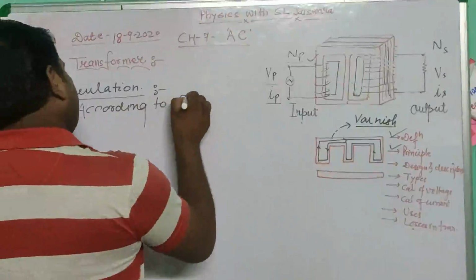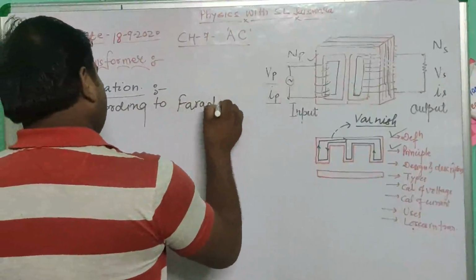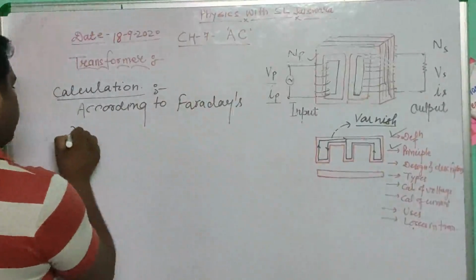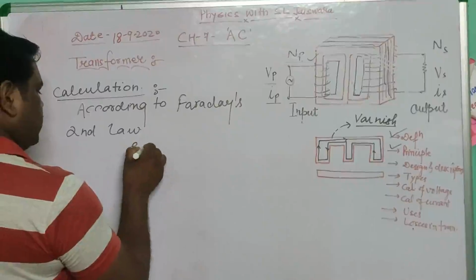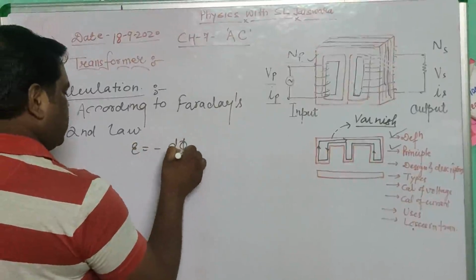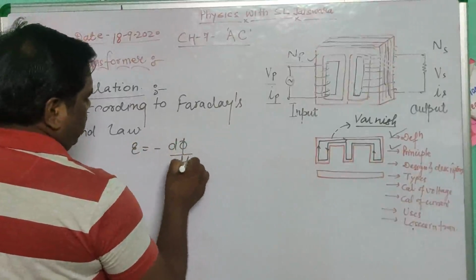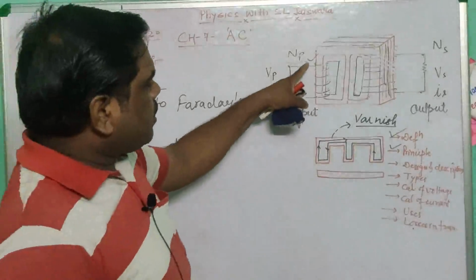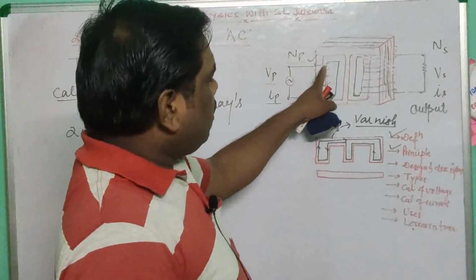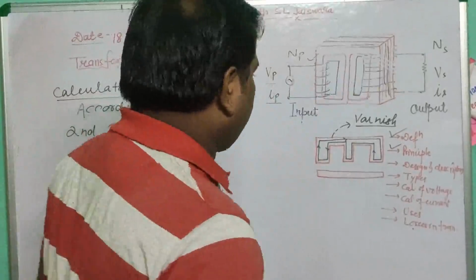Faraday's second law, that is, EMF induced is equal to the rate of change of flux. So whatever EMF is created in the primary coil is totally linked with the secondary coil.